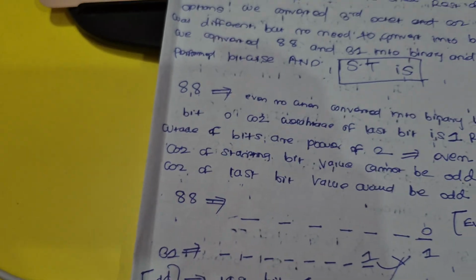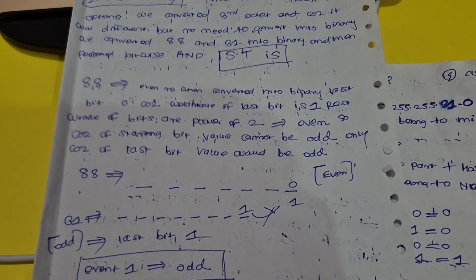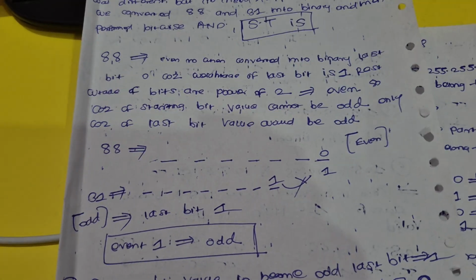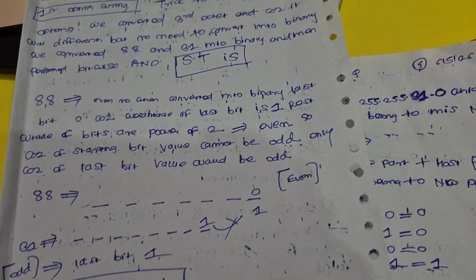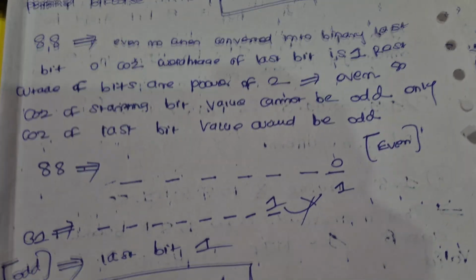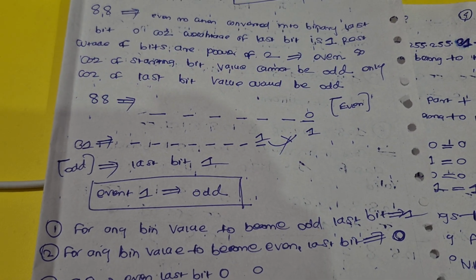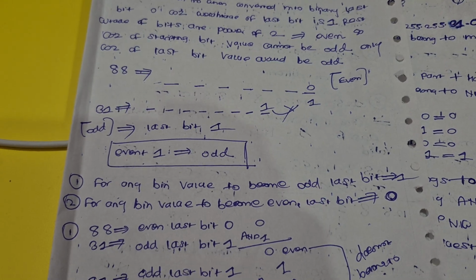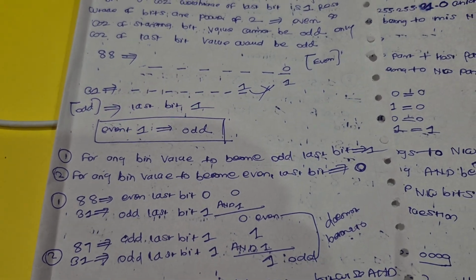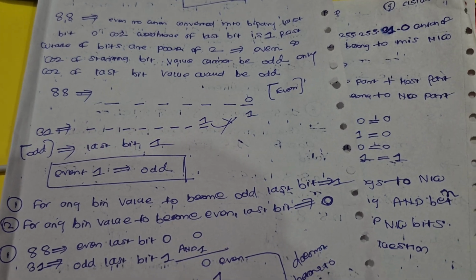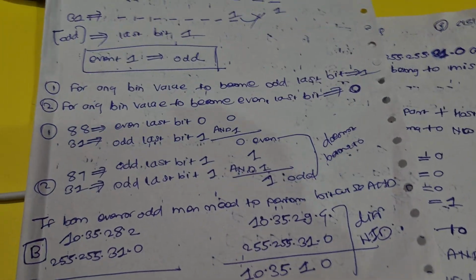Sorry, here it is. So this is what I have explained. An even number when converted to binary has last bit 0, and for odd it would be 1. For any binary value to become odd, the last bit should be 1.